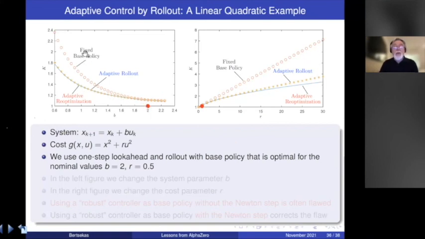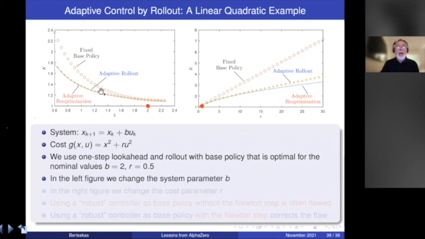If you use a fixed policy, in particular, the policy that is optimal for the nominal values of B equals 2 and R equals 0.5, then the performance degrades. So robustness is not really fixing the problem here. If you have large deviations from the nominal parameters, then you can get a lot of degradation of performance.